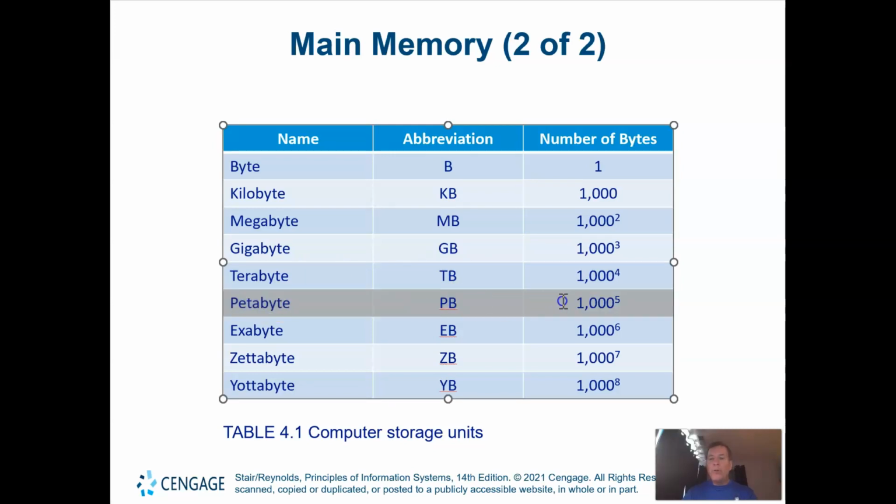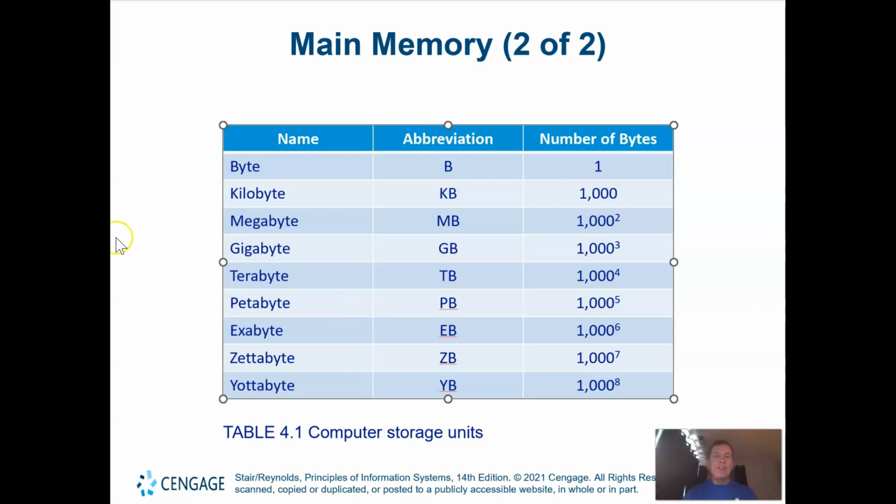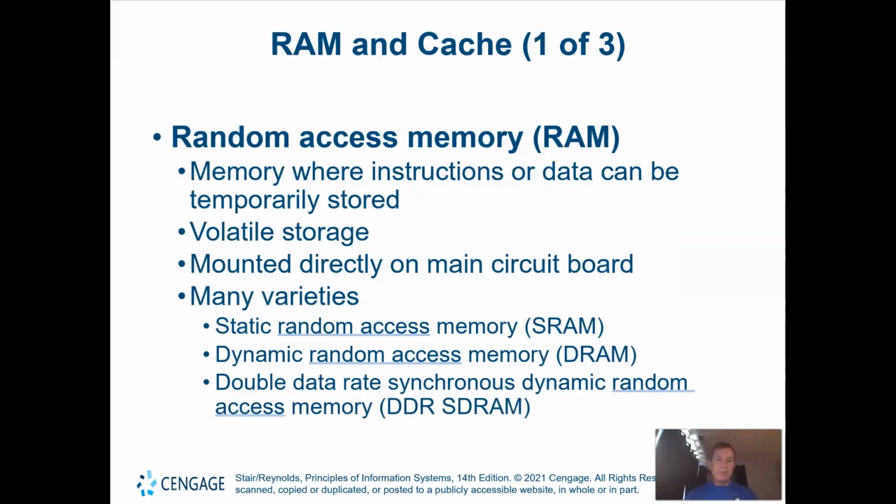At work, where I'm at, petabytes are very common. It gets astronomical, but some of the abbreviations that you will be aware of. And in your lifetime, you will be working in this realm: exabytes, zettabytes, and yottabytes. I have no doubt. So pay attention in terms of the big data conversation.